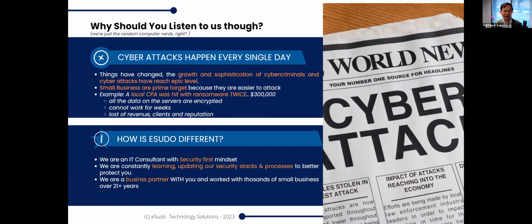And the reason why small businesses are such a prime target is because they probably have less security and technology in place compared to larger organizations. So they are considered maybe low-hanging fruit compared to companies with millions and billions of dollars of revenue, which have larger investments in training employees about cybersecurity and protecting the company.